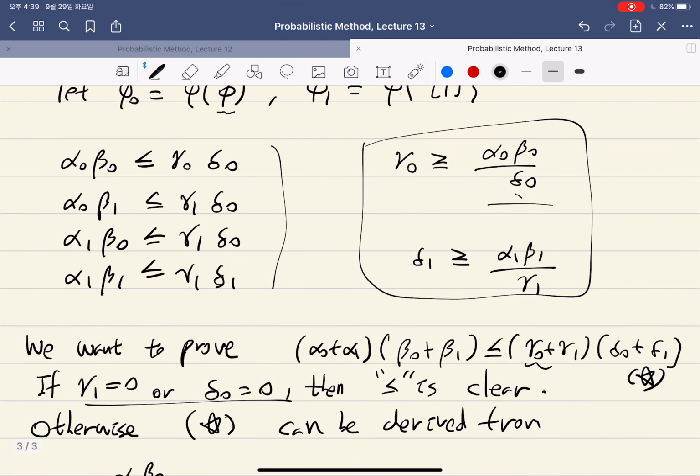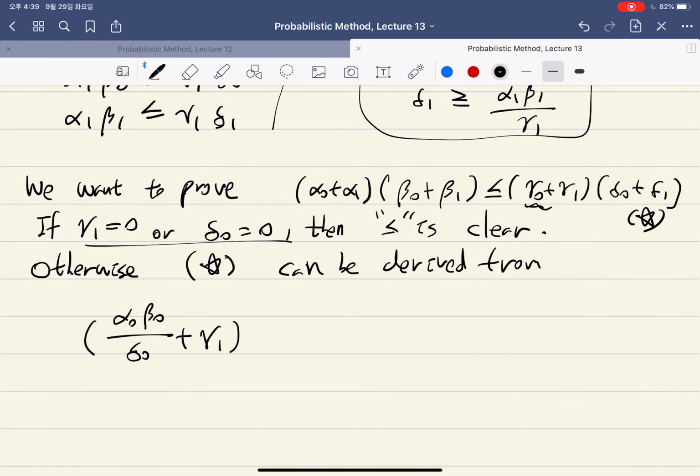So instead of this gamma 0, you write this. And delta 0 plus alpha 1, beta 1 over gamma 1.